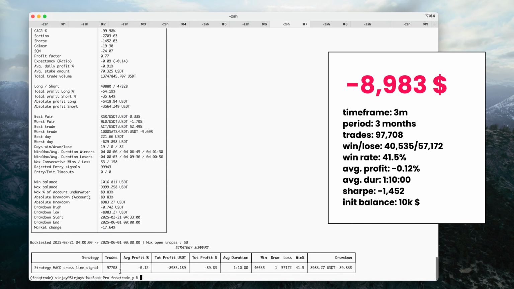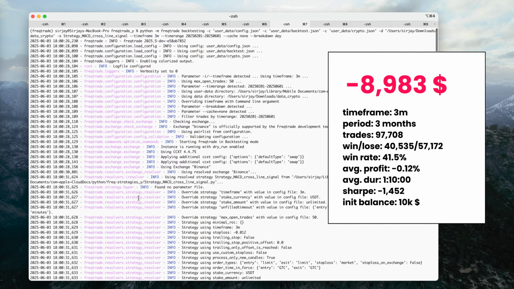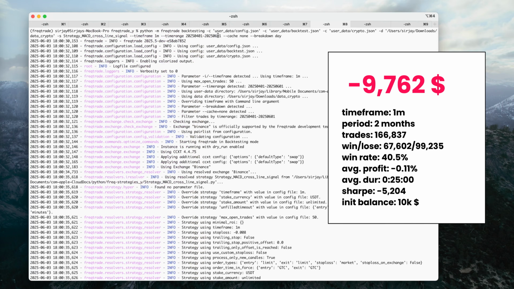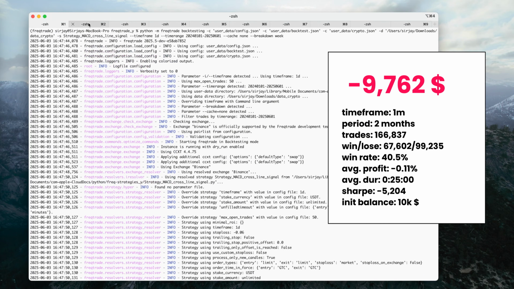It grows to almost 100,000 trades, average duration 1 hour, a lot of losses, and minus, yeah, not so good. Sharpe, everything negative, okay. And the final one is 1 minute. 1 minute I tested for 2 months because there are a lot of trades, 166,000. Yeah, a lot of trades, everything is negative. So to sum it all up, I would say mostly we can trade maybe 1 day, 4 hours, but it's all about the negative.